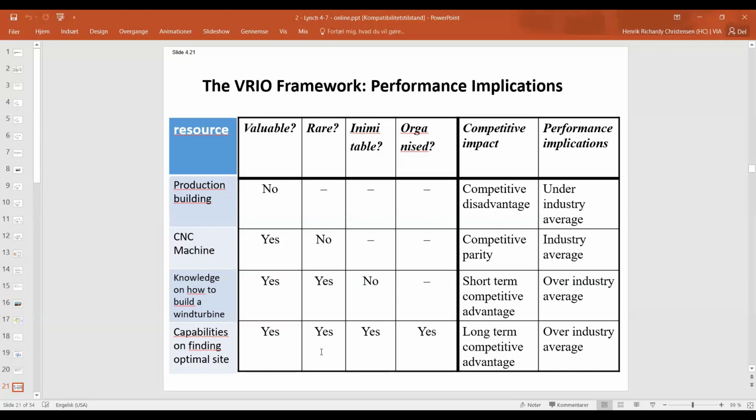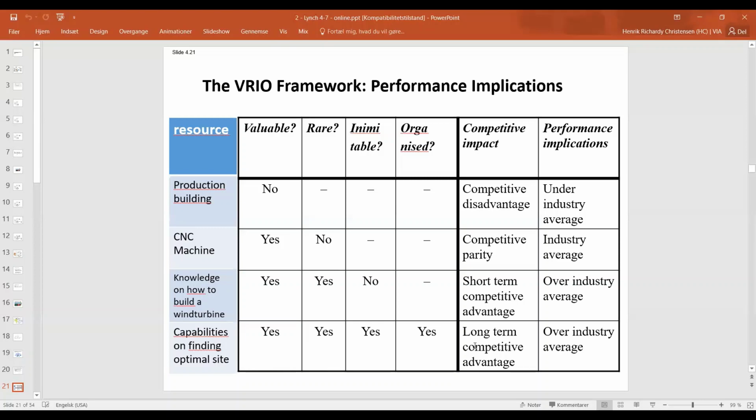Vestas has been the only one for lots of years that has been able to do that quite well. Is it inimitable? Yes, to a certain degree it is, at least over time. And the last point, organized. Is Vestas capable of organizing the knowledge that they have about this? Yes, they are. And that can give a long-term competitive advantage.